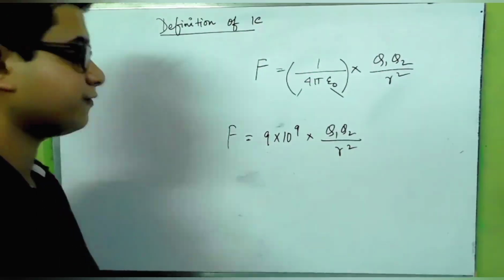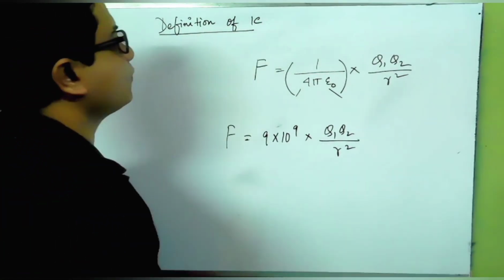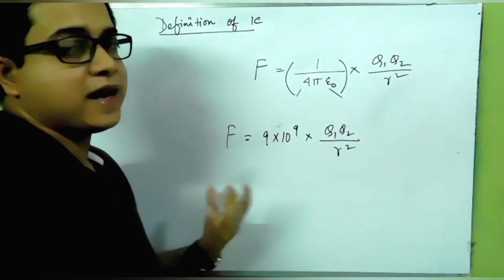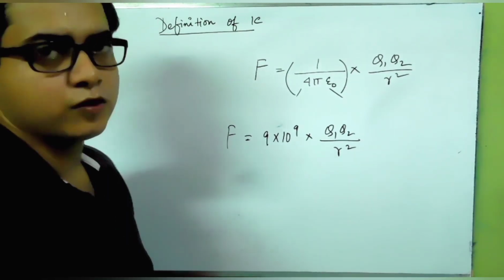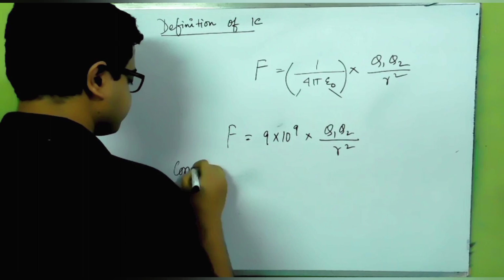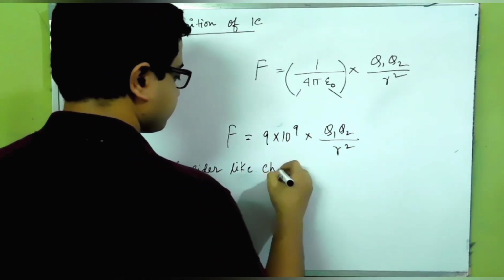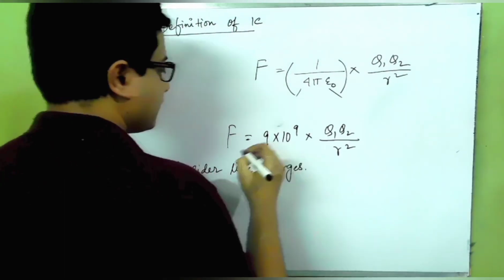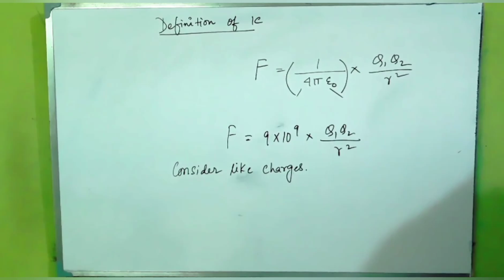Now our objective is to find the definition of 1 Coulomb. That means somehow we have to manage this Q1 and Q2 to become 1 from this equation. It is obvious that for that condition we are considering like charges. Like charges means the magnitude and the nature of the charges are going to be the same.